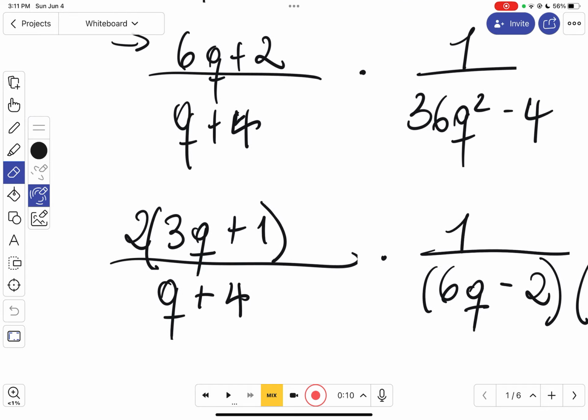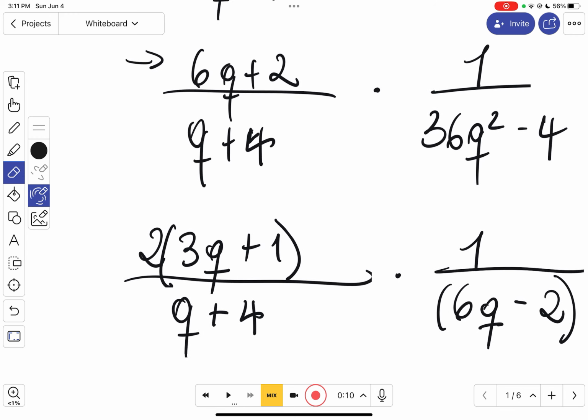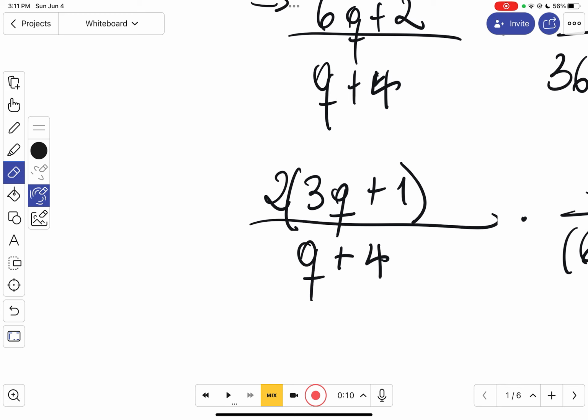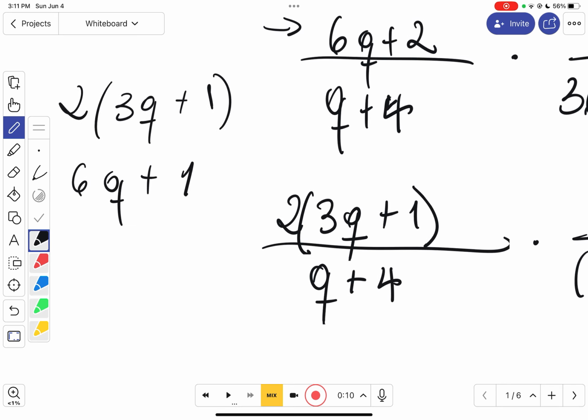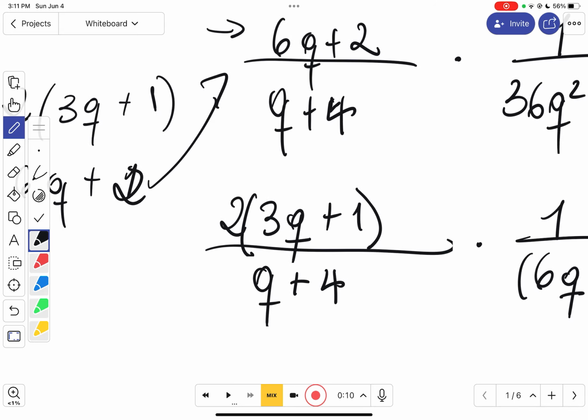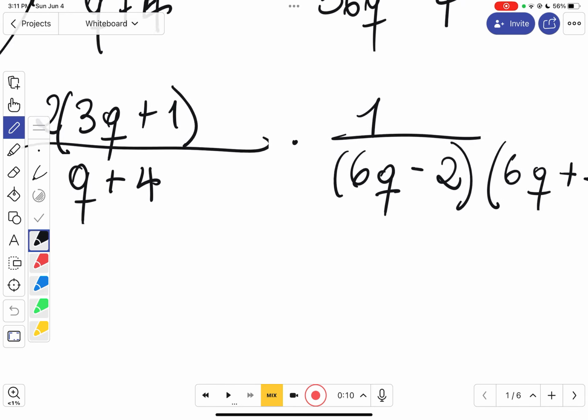We already know that 2 factor of 3q plus 1 is the same thing as 6q plus 2. I'm going to write it so you see what I'm talking about. It's the same as the 6q plus 2 that we have at the bottom.